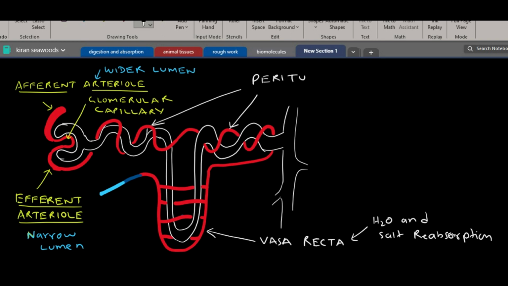Whatever reabsorption is going to happen in PCT and DCT will be reabsorbed by these capillaries. So whatever is lost will be retained again into these capillaries. I hope you understood this one. Let's move on to the next section.